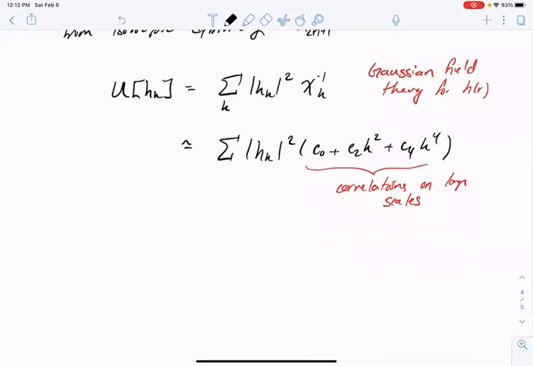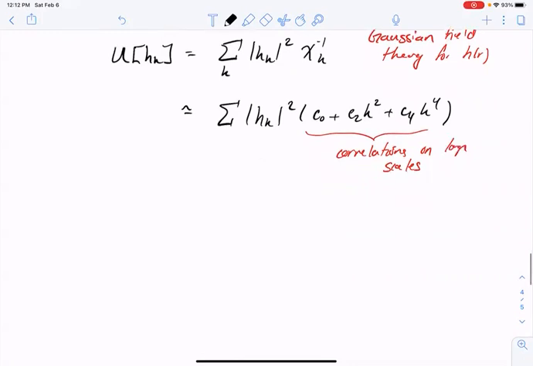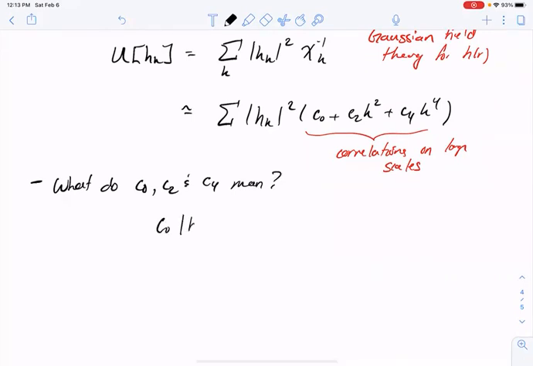To get some intuition as to what these terms actually mean, C2, C4, and C0, we could back Fourier transform. So a term that looks like C0 magnitude h of k squared, if I inverse Fourier transform, would give me a coefficient, call it a. Let's put in a factor of 2. H of k squared would go to h of r squared.